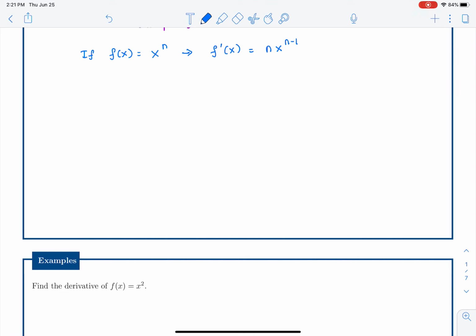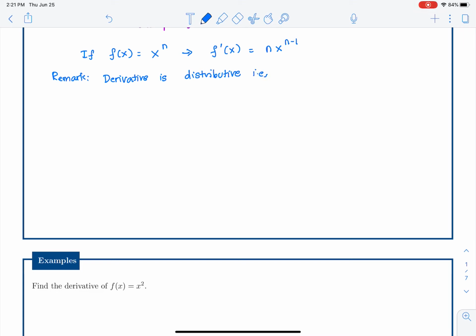So if we have multiple terms in a sum, this is a remark: the derivative is distributive.